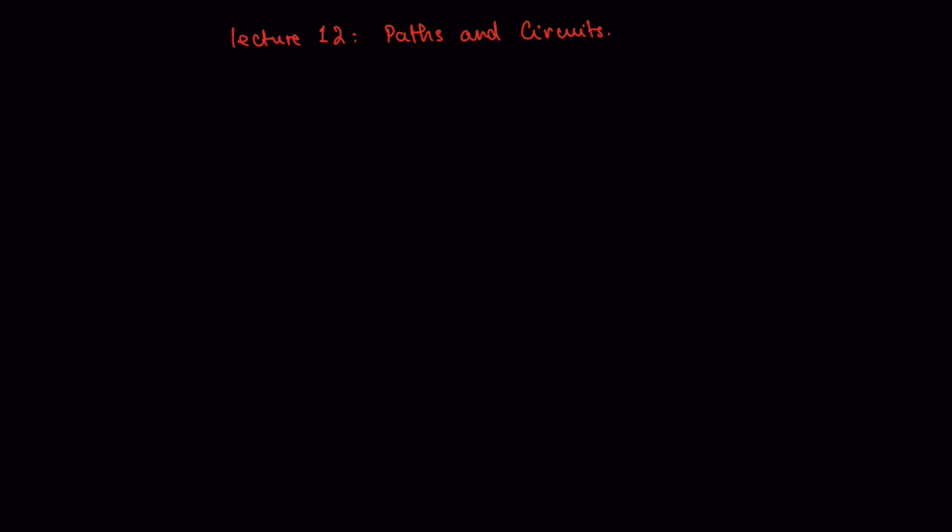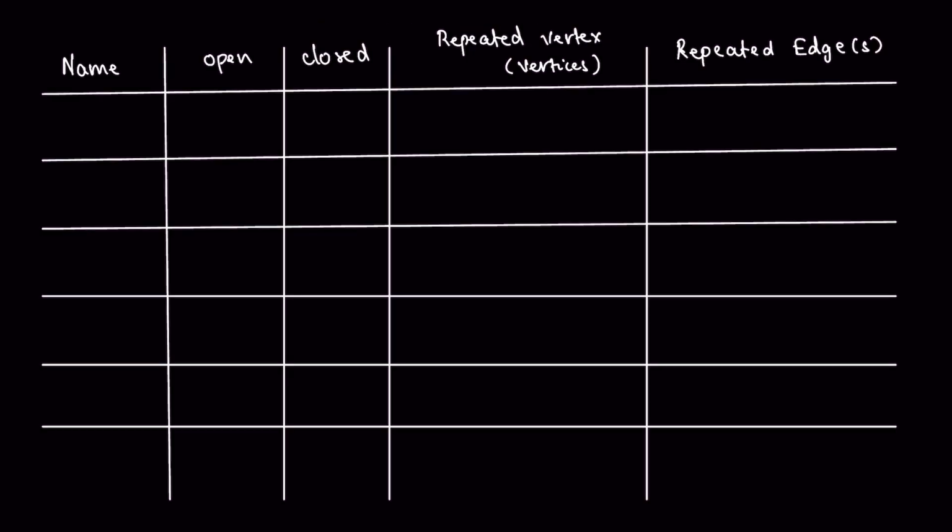Alright, so I'm going to set up the table here. In the first column, I have the name of the concepts I want to consider. In the second column, I want to know if the graph is open. In the third column, I want to know if the graph is closed. Then I want to see if the graph has repeated vertices, and in the last column, I want to know if the graph has repeated edges.